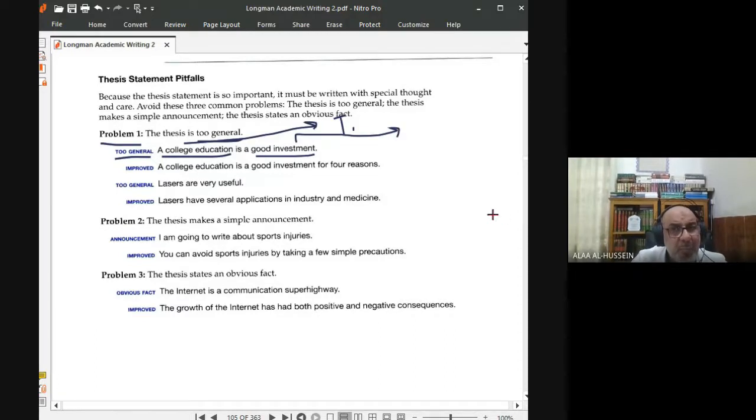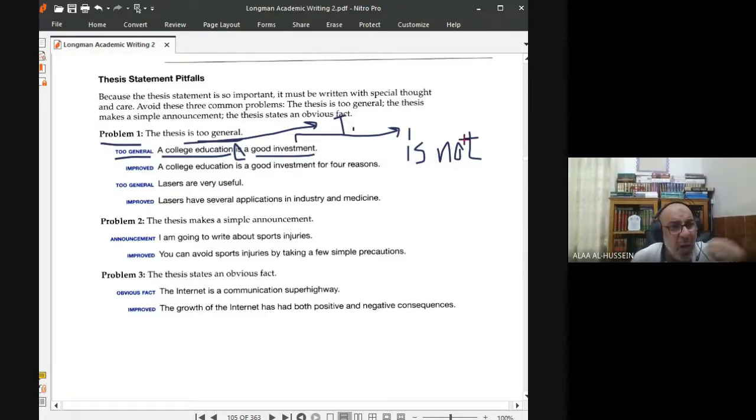Okay? زين، أنا أسألكم اللي كتبتوا good investment، إذا غيرت الفعل، هل راح يبقى good investment هو ال controlling idea؟ يعني أقدر أقول a college education is not. زين، تقدر تقول لي الآن الكنترولينج ايديا هو a good investment؟ انا الان قلبت المعنى رأسا على عقب.